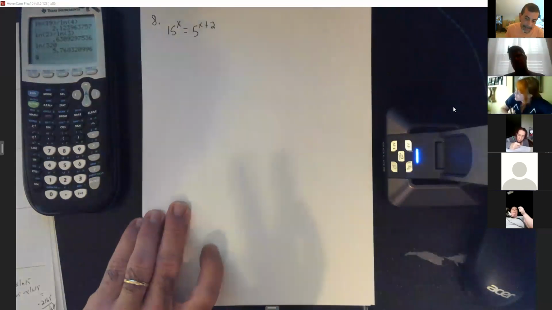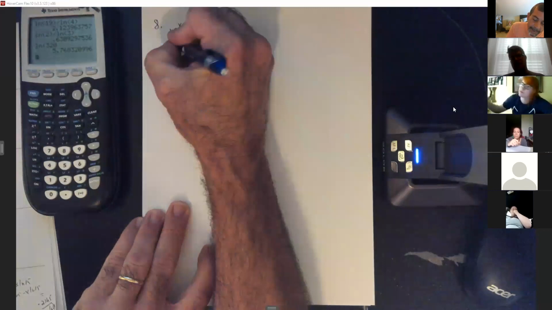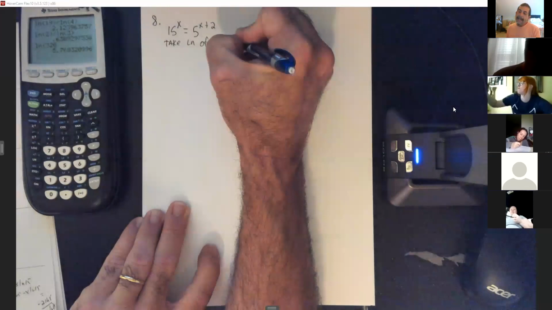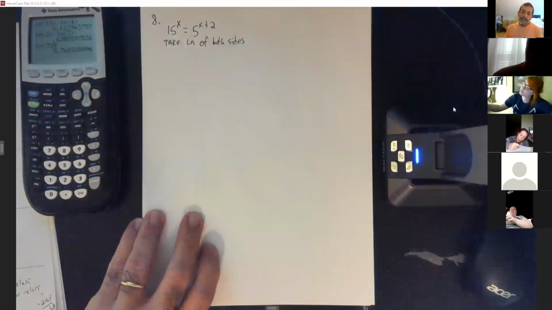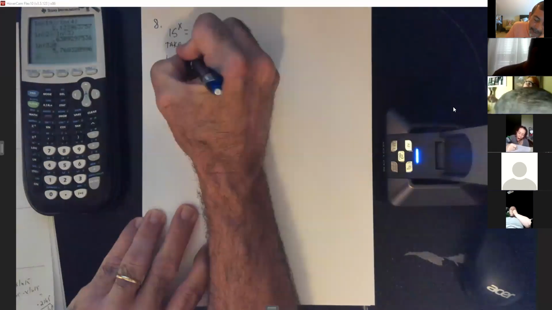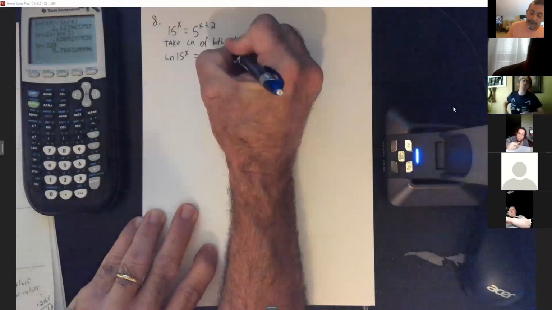I'm going to take ln of both sides. So you see, ln is my magic tool to bring those exponents down. So ln of 15 to the x equals ln of 5 to the x plus 2.